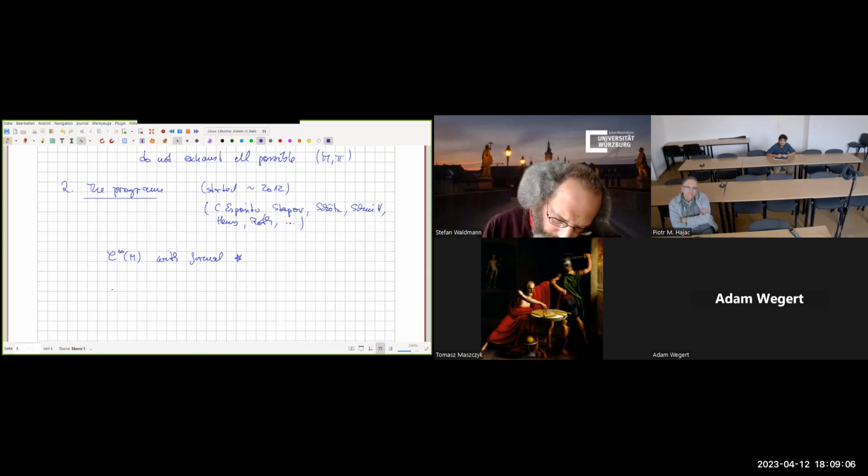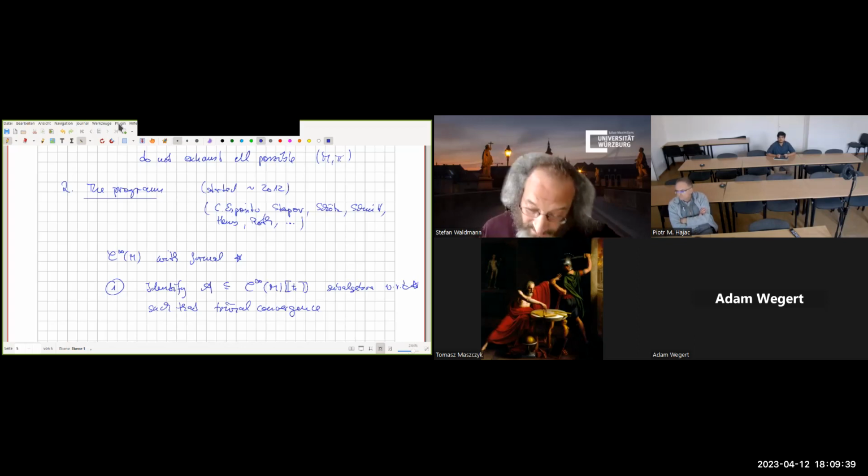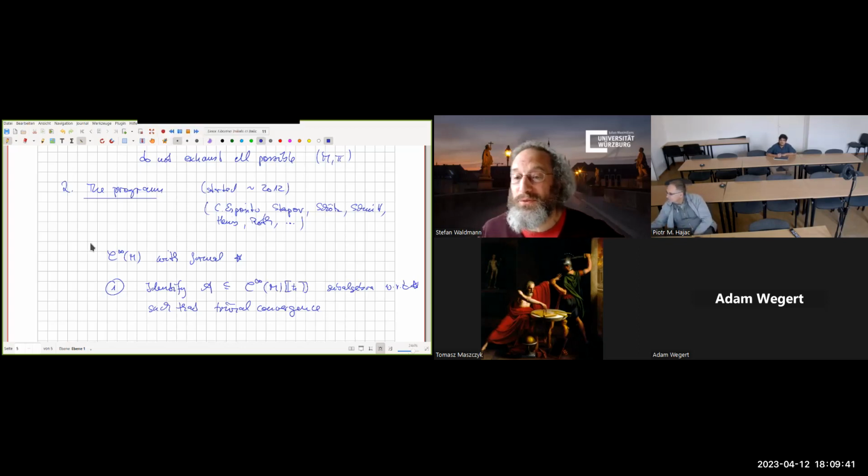Now the first step is we need to identify a subalgebra of the formal power series, with respect to this star product, such that we have trivial convergence. I will not give you a definition of what trivial convergence means. You understand it when you see it.